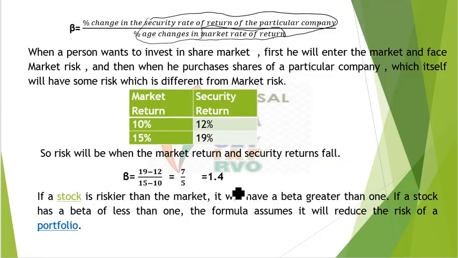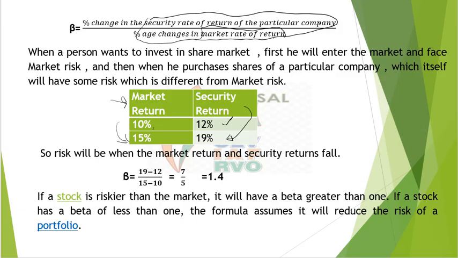So what is beta? Beta is the percentage change in the security rate of return of a particular company divided by the percentage change in the market rate of return. For example, let us suppose market rate of return was 10%. When market rate of return was 10%, security rate of return was 12%. When the market rate of return changes to 15%, security rate of return changes to 19%.